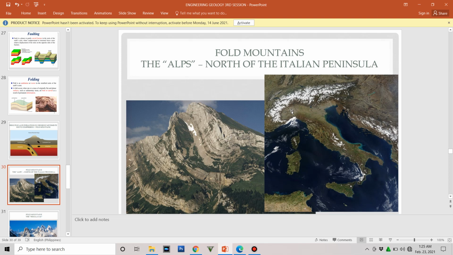The J-shaped Adriatic microplate is a remnant of the African plate to the south, and today it carries the eastern Italian peninsula as well as the entire Adriatic Sea. So alpine geology includes sedimentary and metamorphic rock as well as igneous rock that once were part of the ocean floor and were later uplifted in the process of folding. So that's the story of the Alps.